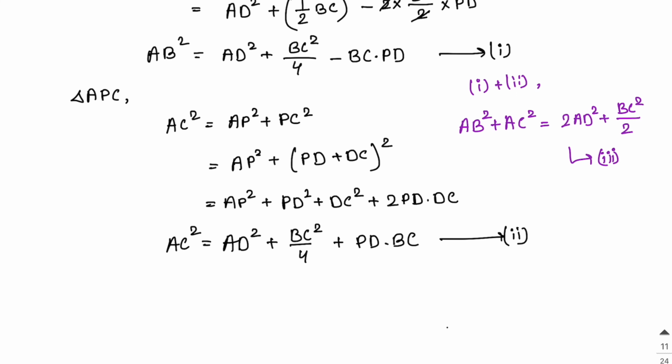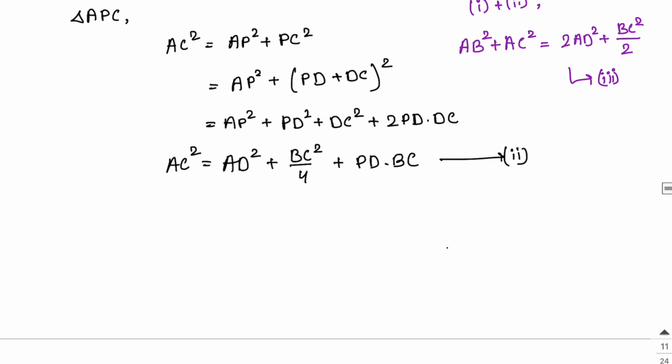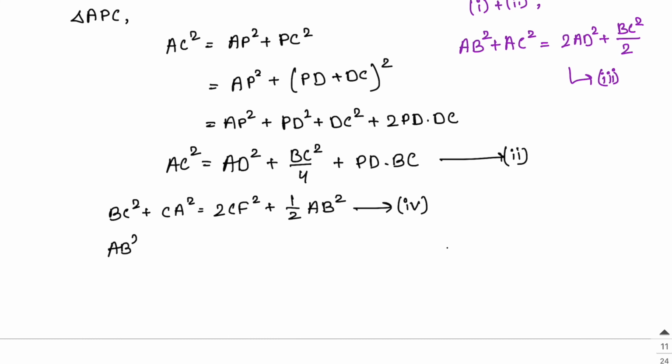Now similarly, if you draw the perpendicular from B and C on AC and AB respectively, then you will get BC square plus CA square equal to 2CF square plus half AB square. Okay, as same as equation number 3, so that is equation number 4, and next one will be AB square plus BC square, that will equal to 2BE square plus half AC square. Put it equation number 5.